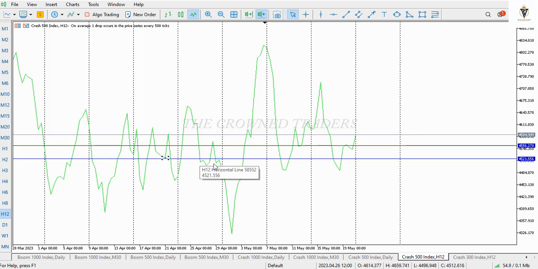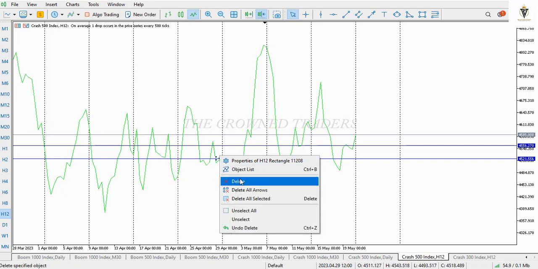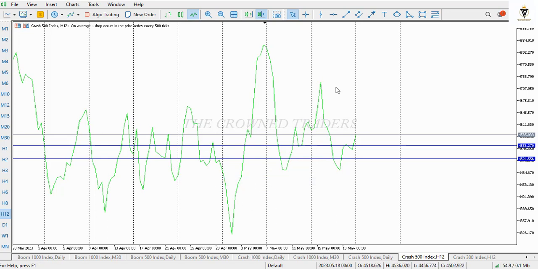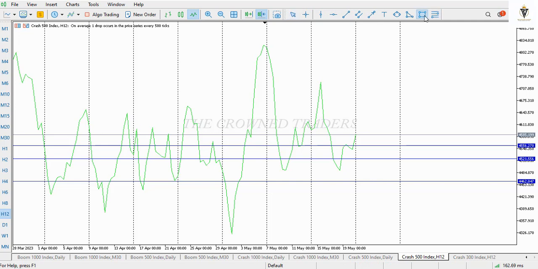This gap, okay, this gap opposite each other there. That's a gap. Okay, let me pick my third level below price. Yes, third level below price. Okay, so this is my third level.